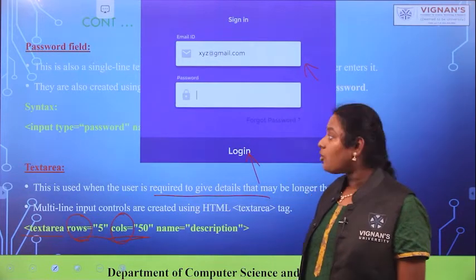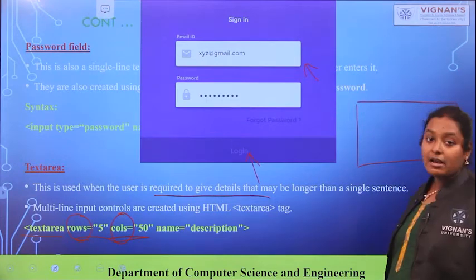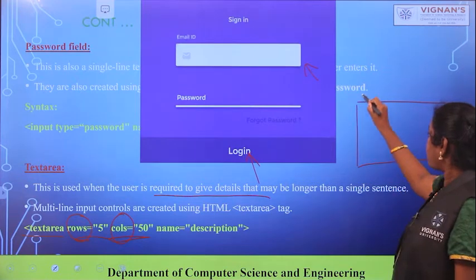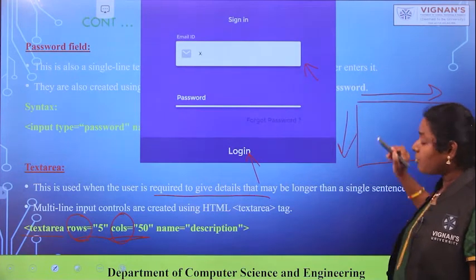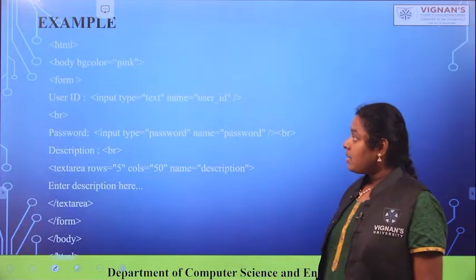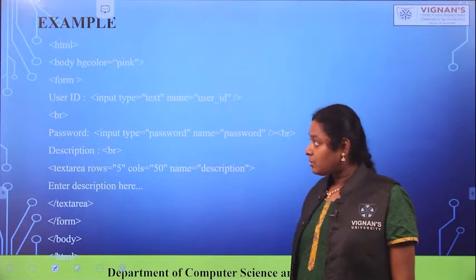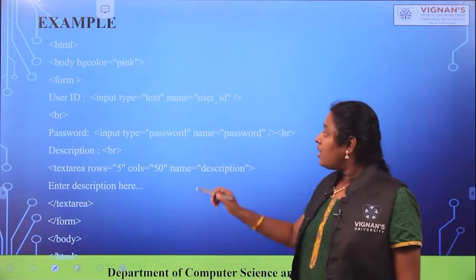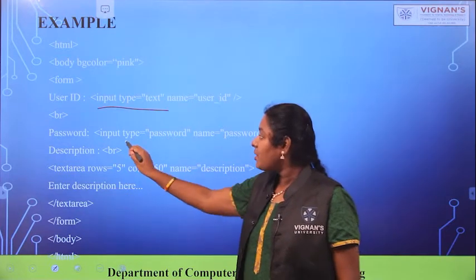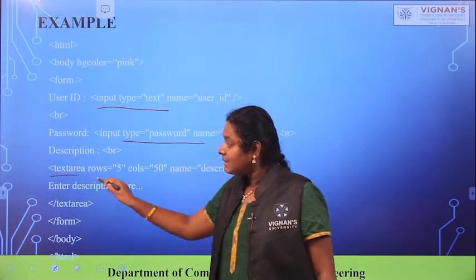What will be the output? You will get a large rectangular box for the text area, where you can mention the number of rows and columns in the syntax. This is the example we discussed for the text input controls. Here you created a text field with input type equal to text, a password field with type equal to password, and then a text area.